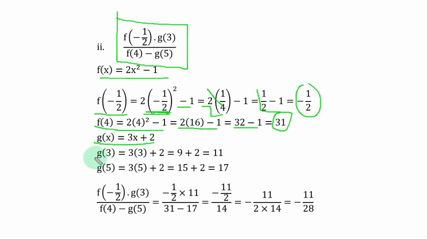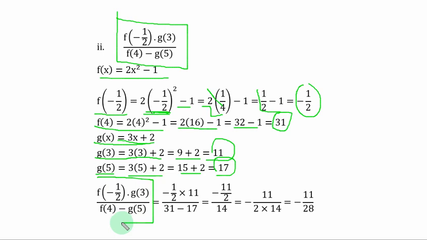For g of 3, you replace s with 3 in this form. That gives 9 plus 2 equal to 11. For g of 5, you replace s in the same function in this form, and you have 15 plus 2, that is 17.